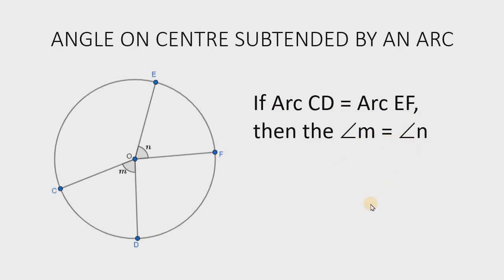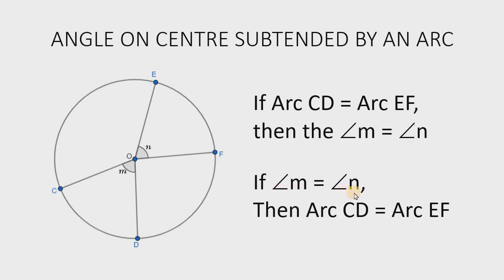Or we can say backward: if the angle M and N is equal, then the length of arc CD is equal to the length of arc EF. So that means when the length of arc subtended is the same, actually the whole sector will be the same already, including the angles. So what happens if the length of arc is different?